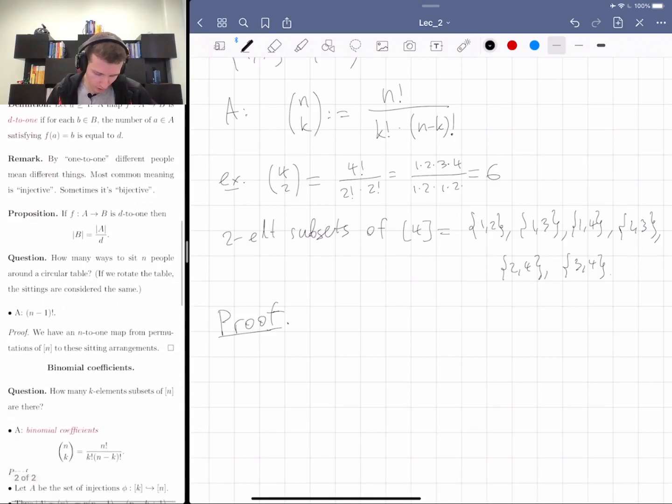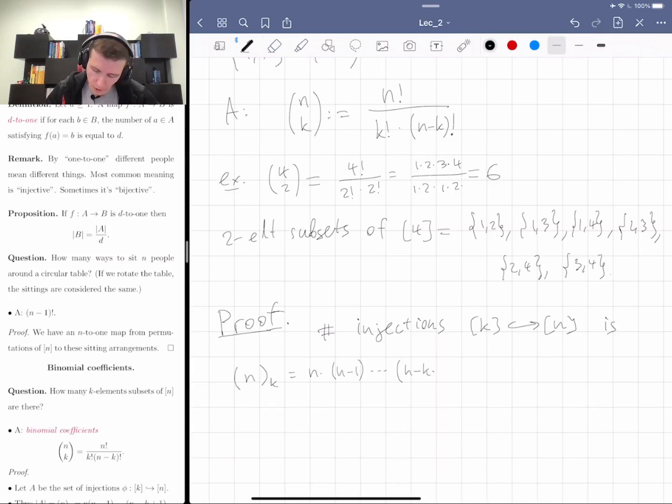The number of injections from bracket k into bracket n is equal to n times n minus 1, etc., to n minus k plus 1, which is n factorial divided by n minus k factorial. For n factorial permutations, we select the first k elements and we get a unique list of first k elements. Okay, yeah, that's also correct.